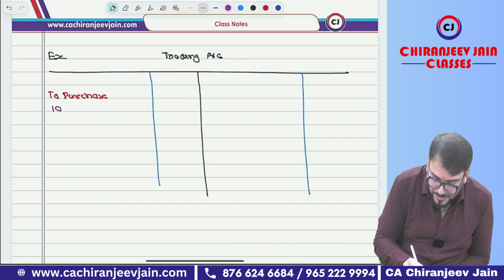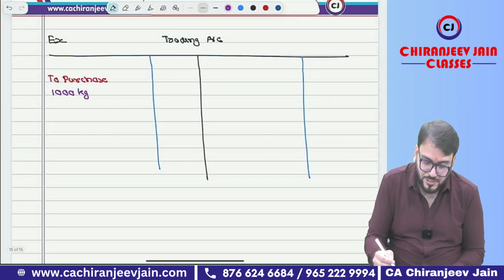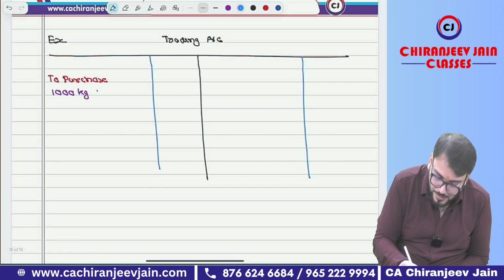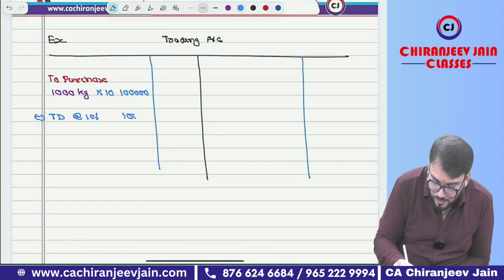You have purchased 1000 kg at rupees 10, so that becomes 1 lakh. From this, trade discount TD at 10%, so 10,000 minus.